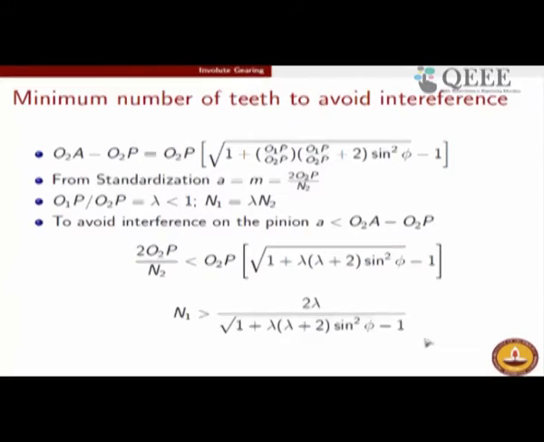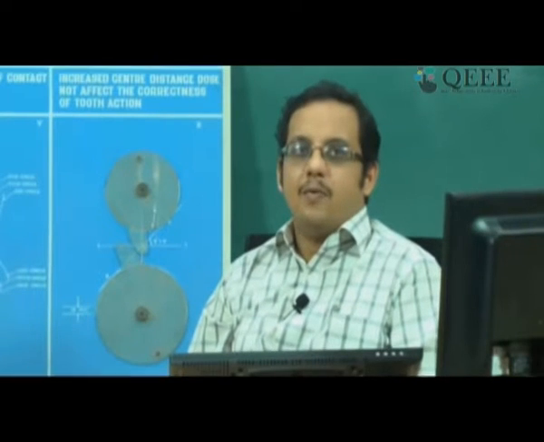That is why we are doing it in this course, because this course is about kinematics of mechanisms, theory of mechanisms if you may call it, and therefore this is a kinematic condition rather than a strength related condition. What we are left with is a formula which enables us to ensure that once we satisfy the minimum number of teeth in our gear as given by this formula, there will be no situation where the engagement takes place in a portion where the involute action is compromised.